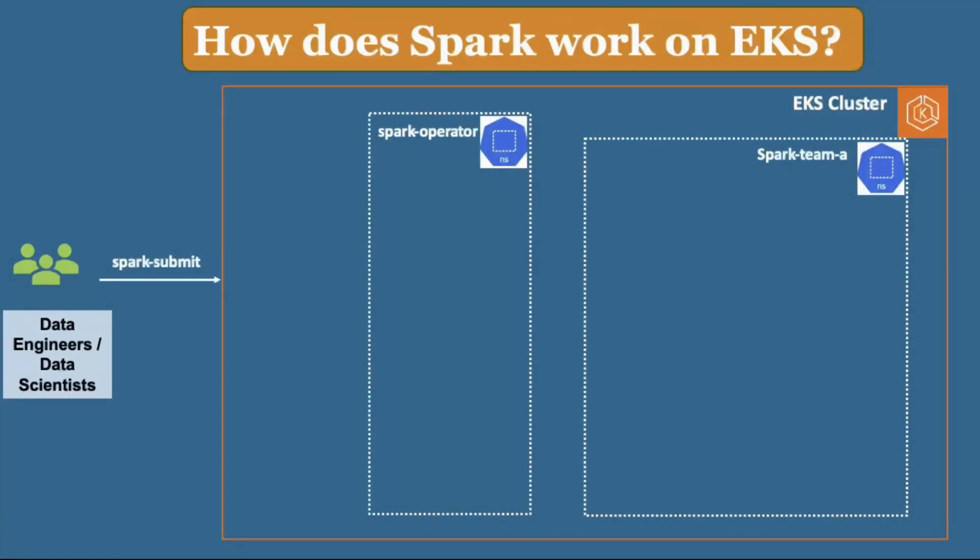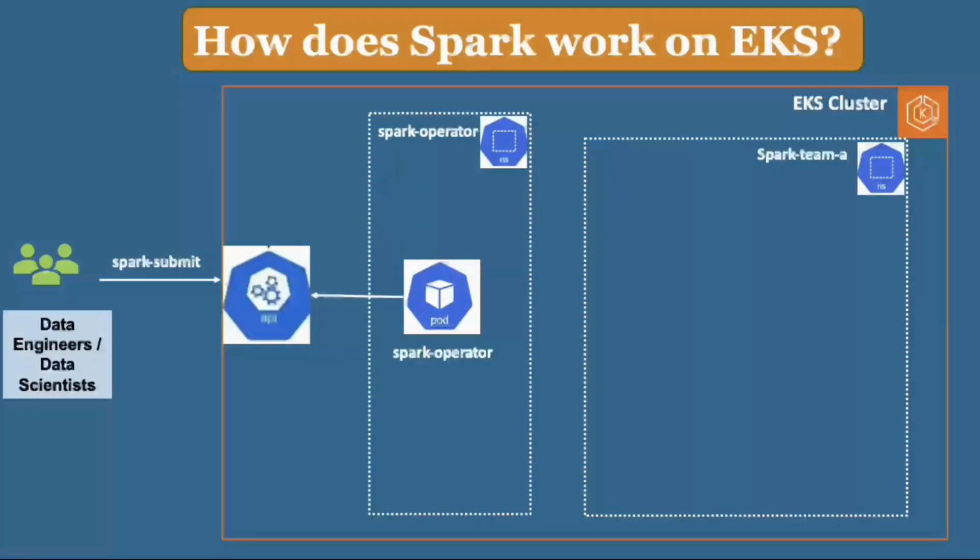And this API is going to talk to the API server, which is front-ending the Kubernetes control plane, and the Spark operator, which is running inside the Spark operator namespace, will be watching over this custom CRD called Spark application. So it will watch over this CRD and then take the appropriate action to run the job.